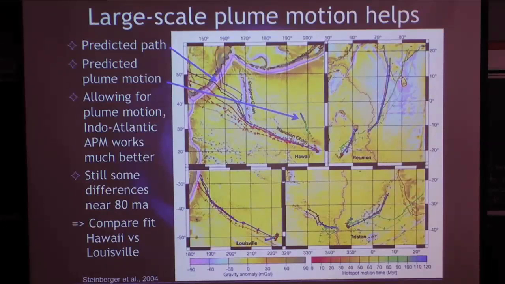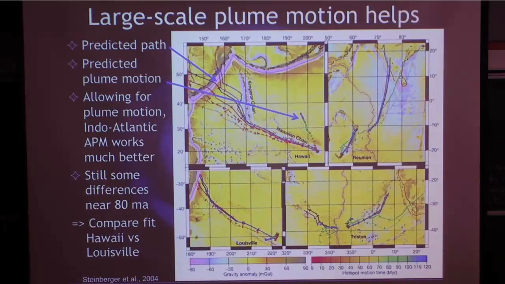I actually want to make a comment. I think this effort to compute the possible plume migration in the mantle in the presence of the global circulation is a useful effort. But I also would like to point out that there are a lot of dynamical difficulties with this kind of model. There are a lot of inconsistencies, and to tell you the simplest one, Steinberger's model cannot predict any toroidal field because it uses one-dimensional viscosity.